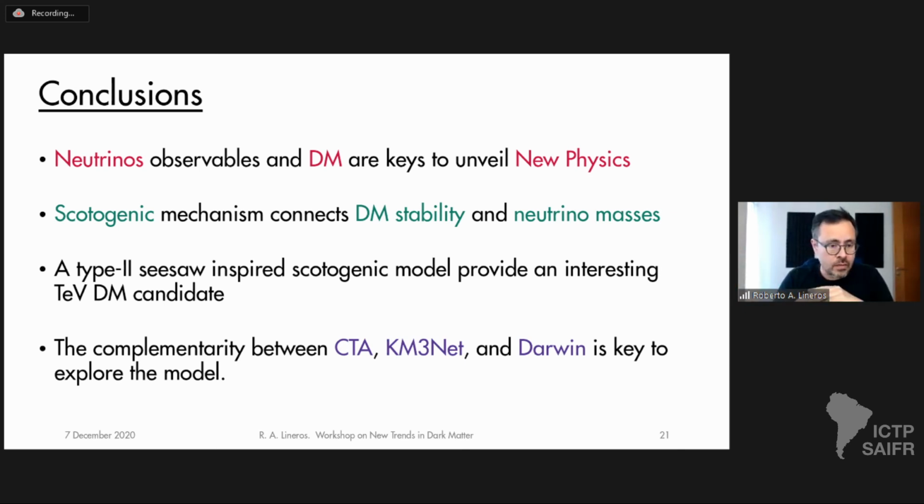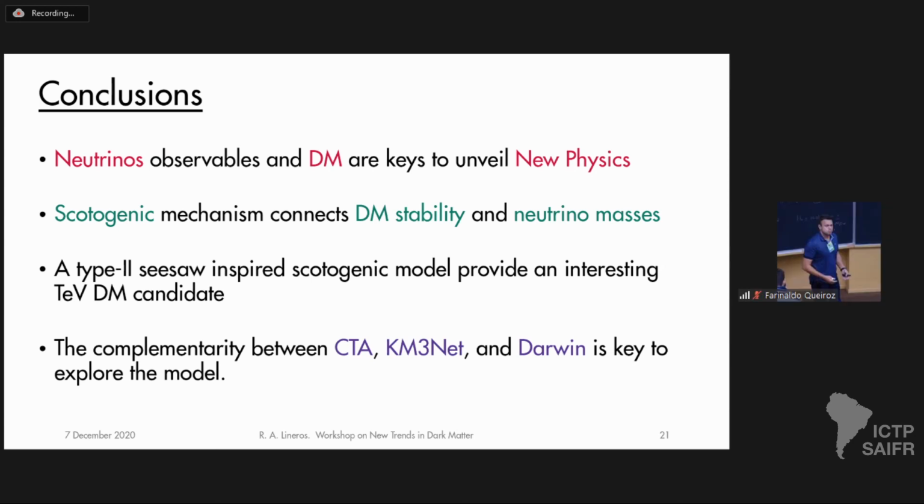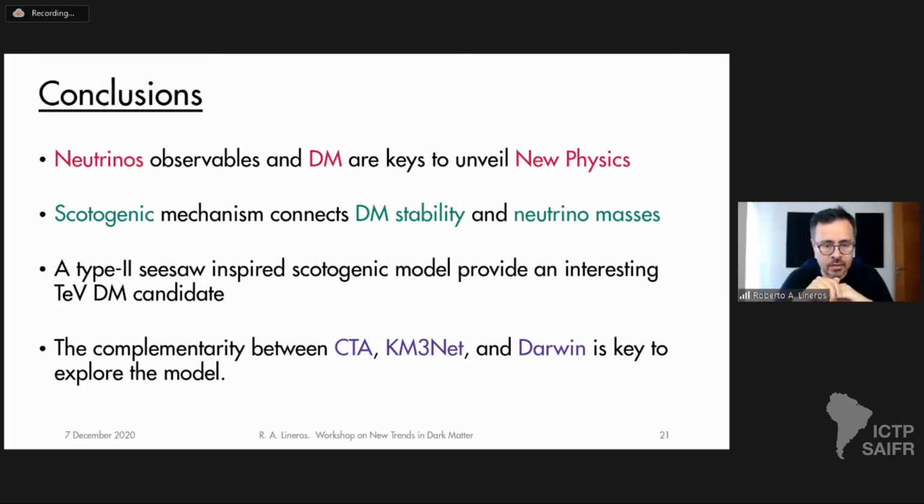And to end my talk, I want to say that in the future this model can potentially be explored because of the complementarity between different experiments that are going to be running in the near future, like CTA, KM3NeT, DARWIN, or in the case that the SWGO Gamma Ray Observatory here close to Antofagasta is also going to be in reach of TeV gamma rays.